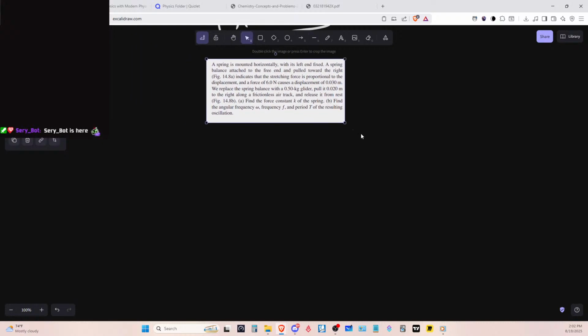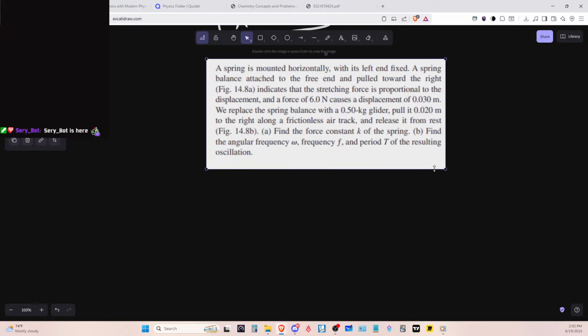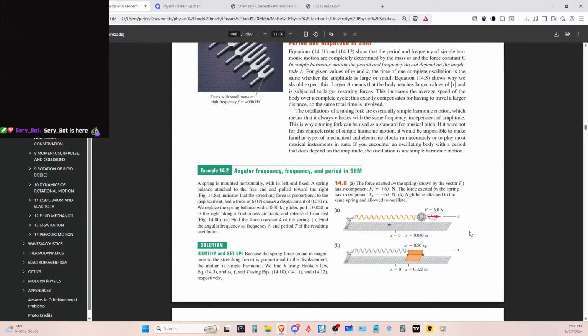Then drag it over here. Okay. So let's see what this one says. A spring is mounted horizontally with its left end fixed. A spring balance attached to the free end and pulled towards the right. Oh, we have a figure here, so maybe we should have a figure.